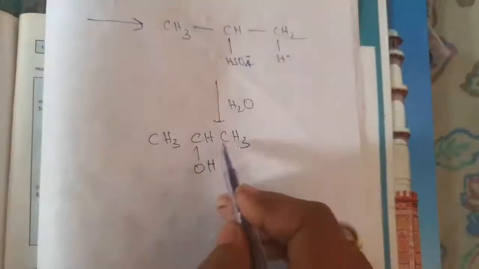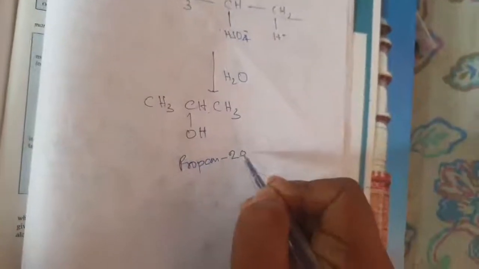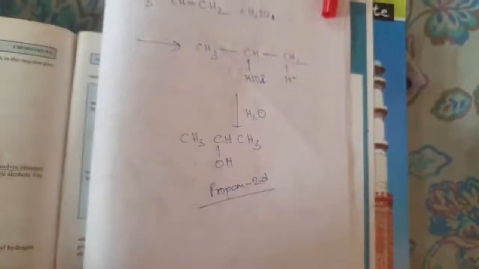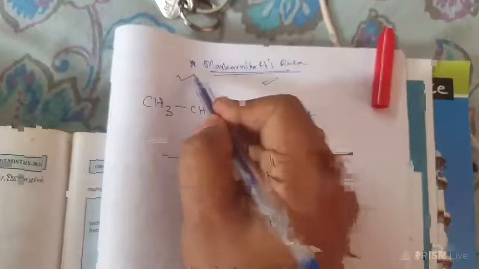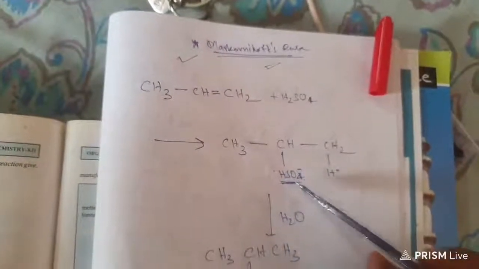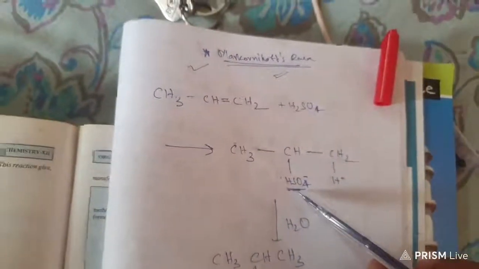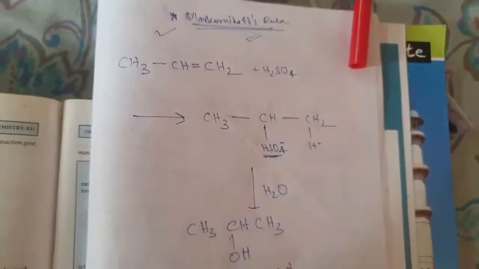So what do we get? Propan-2-ol, or isopropyl alcohol. Is this understood? Always remember this rule. Through Markovnikov's rule, you have to remember with which carbon the H will add, and that HSO4 goes to the carbon containing less number of hydrogen.